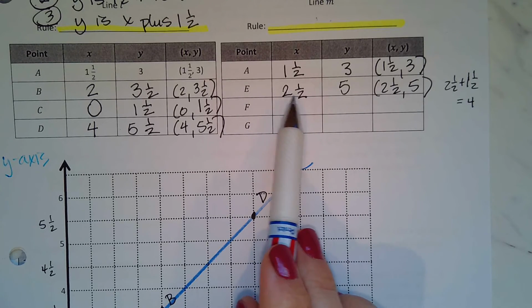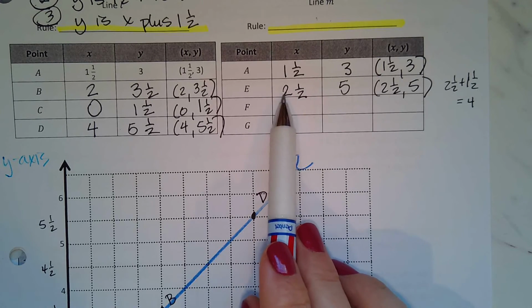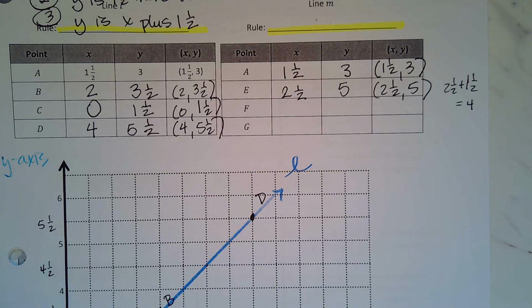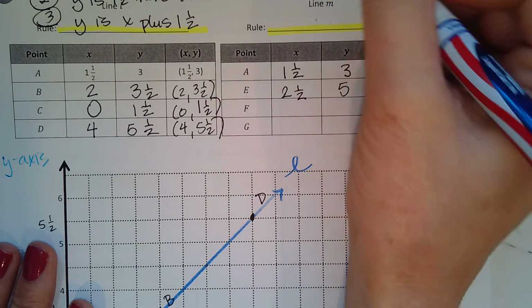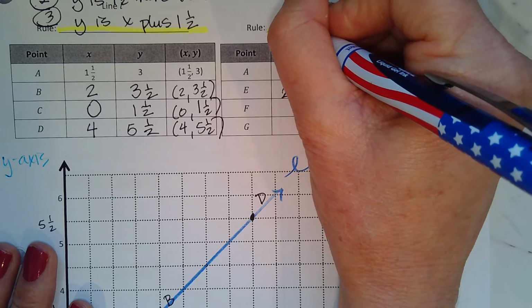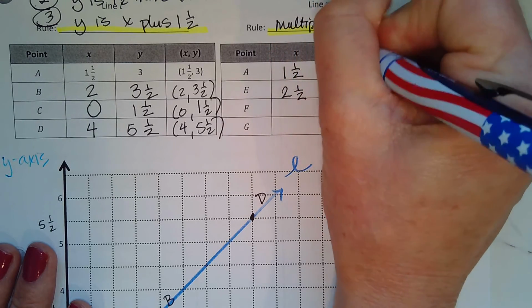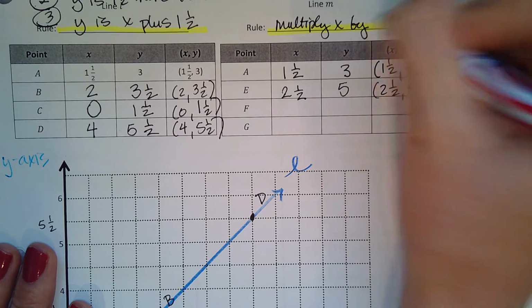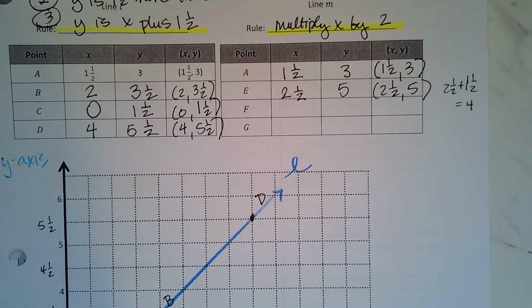What operation would I have to do in order to start with 2.5 and end up with 5? Well, how about if we multiply? Let's multiply x by what? How about if we just multiply it by 2?